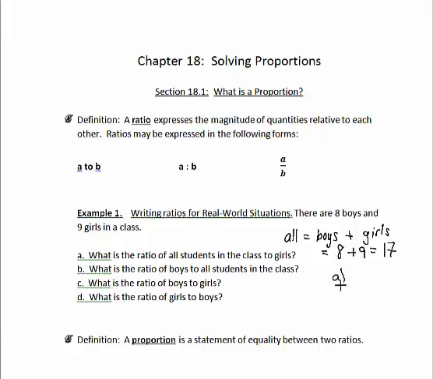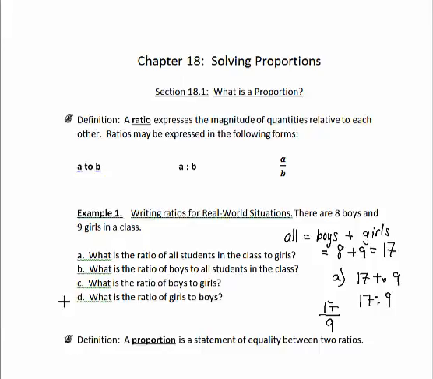So for A, all students to girls, we would write 17 to 9, or 17 colon 9, or in the form of a fraction, 17 divided by 9.